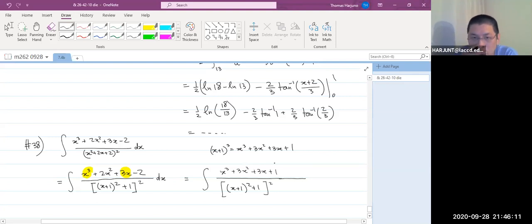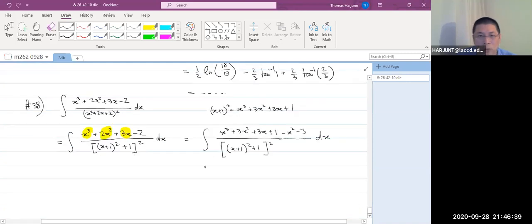Now, add and subtract such that it's the same as the left-hand side. I will subtract x squared so that I have 2x squared, right? And then subtract 3. So this is equal to the integral of (x plus 1) cubed minus, now change that x squared into (x plus 1) squared.